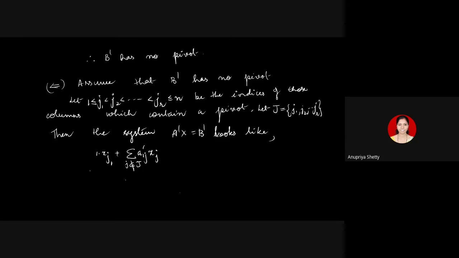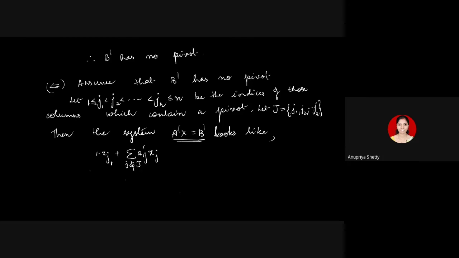Now I'm writing the first equation. The first row will have a pivot in the j1th position, and that pivot gets multiplied with xj1. Remember, I'm writing the system now. The first equation: 1 into xj1 plus other entries multiplied with the remaining xj's.